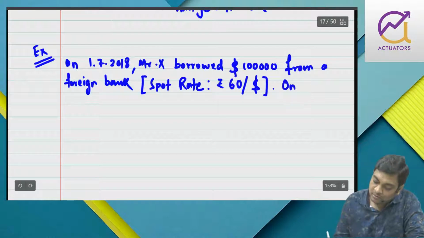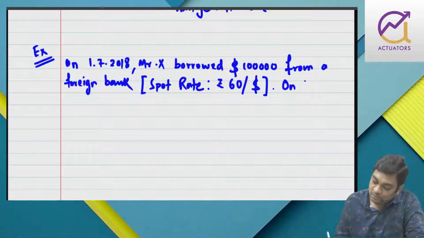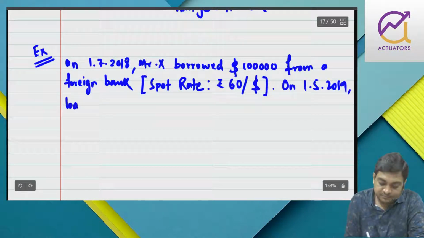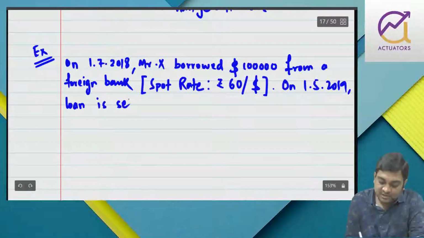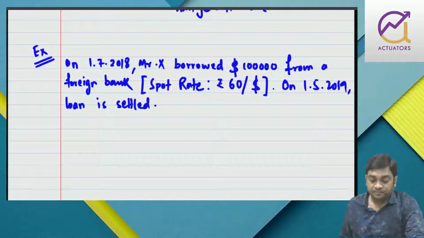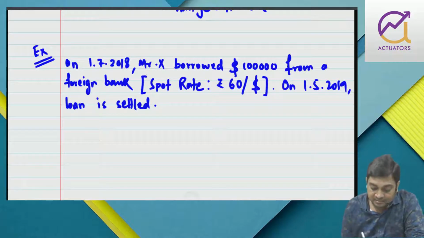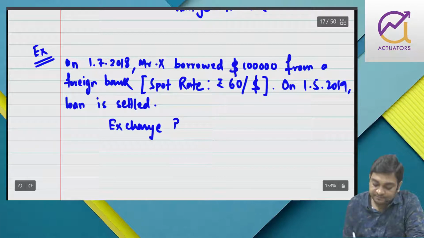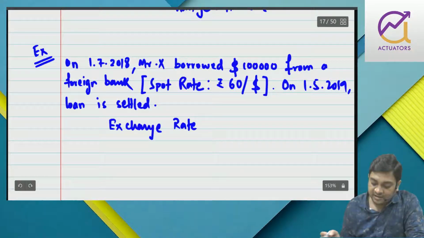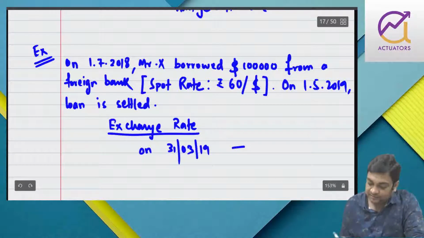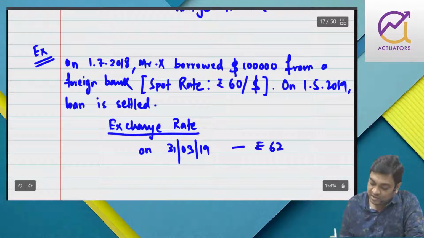On 1st May 2019, the loan is settled, right? And the exchange rate on 31st of March 2019 was rupees 62 per dollar.